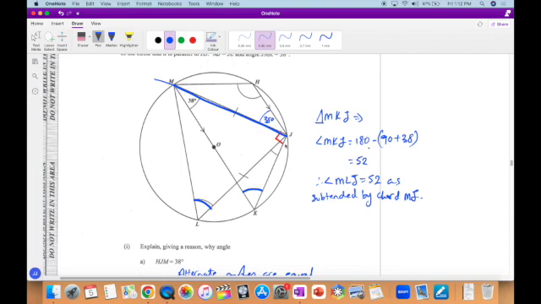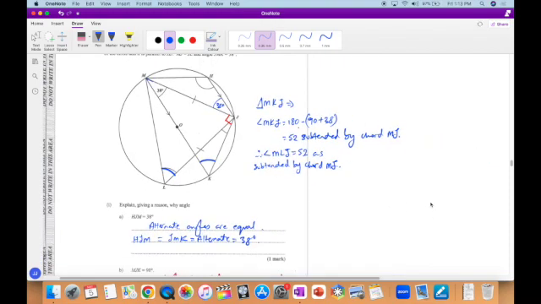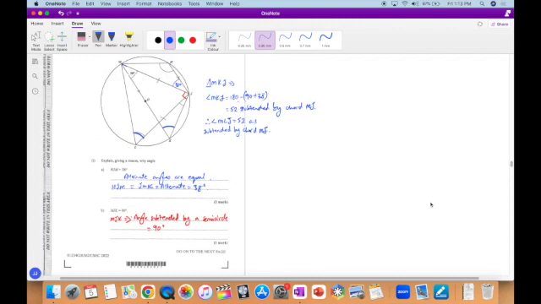This MG is subtending this angle here as well as this angle here. Those two angles are being subtended by MG. So MKG is equal to 52, subtended by chord MG, and therefore the angle MLG is equal to 52 as subtended by chord MG. So they are both subtended by the same chord.